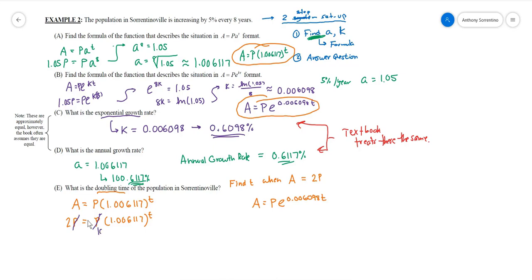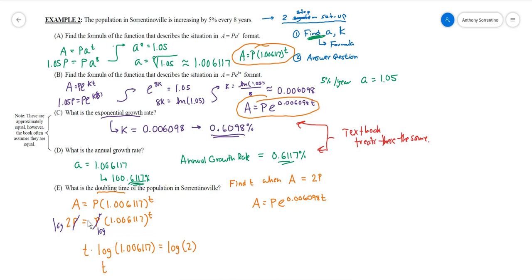I'm just going to apply a logarithm to both sides of this, because now I'm going to have t times the logarithm of 1.006117 equaling the log of 2. And this is log base 10 because I'm not putting a base down there.